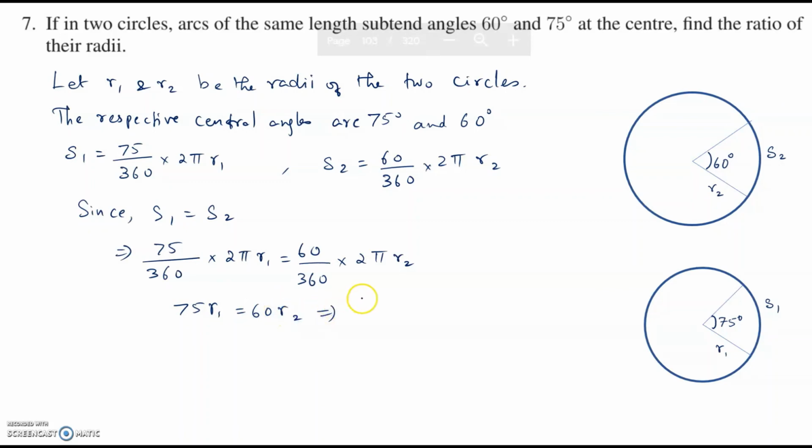So further you can say R1 by R2 is equal to 60 by 75. So further simplifying, 60 and 75, they're divisible by 15. So this is 4 by 5. Therefore, the ratio R1 is to R2 is equal to 4 is to 5.